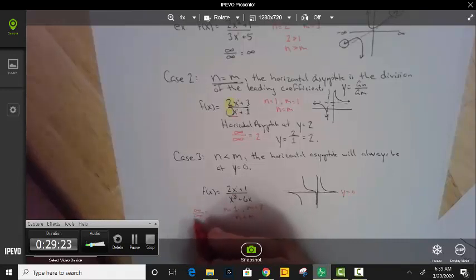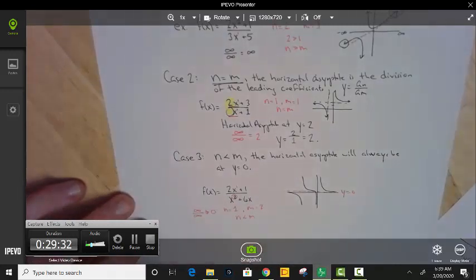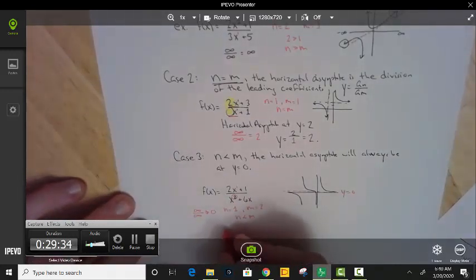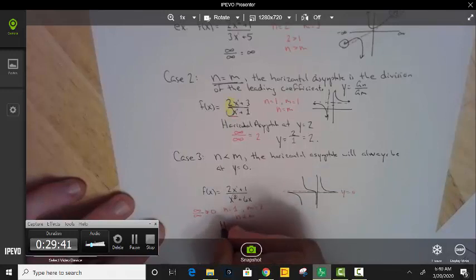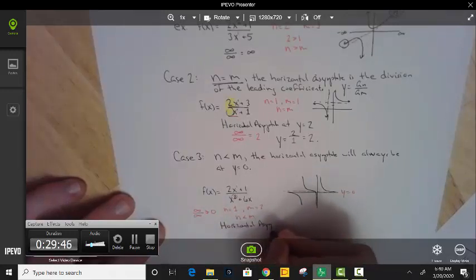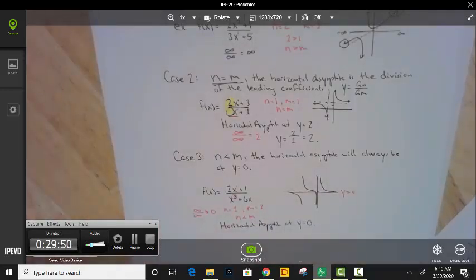So we're dividing by an infinitely larger number, which means as this continues to go on forever, this value is going to approach 0. Okay, so the horizontal asymptote is going to be at y equals 0.